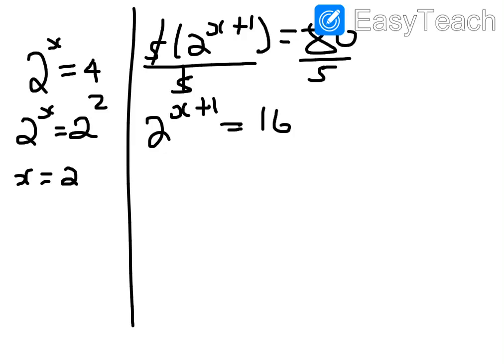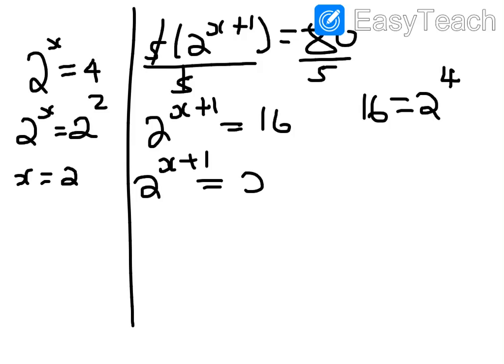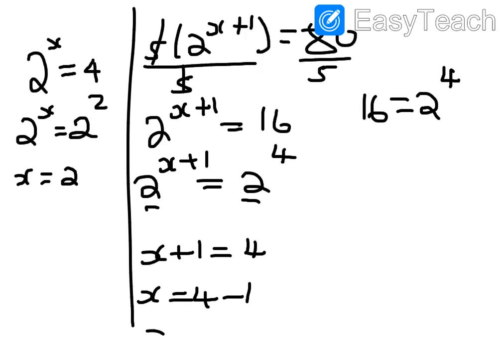And 16 can be written as 2 to the power of 4. We have 2 to the power x plus 1 equals 2 to the power of 4, and we have the same bases. We can equate the exponents. x plus 1 equals 4, then x equals 4 minus 1, x equals 3. So this is our final solution.